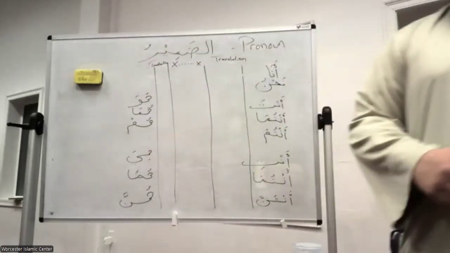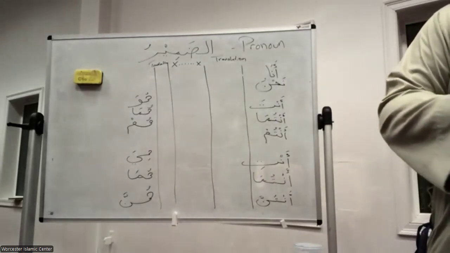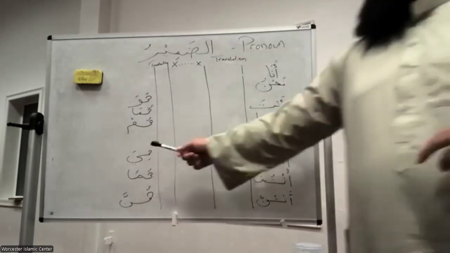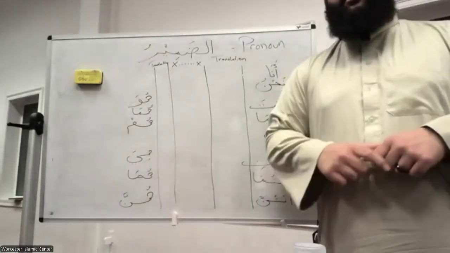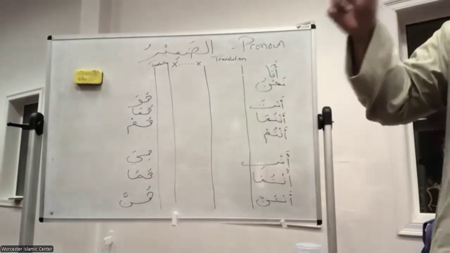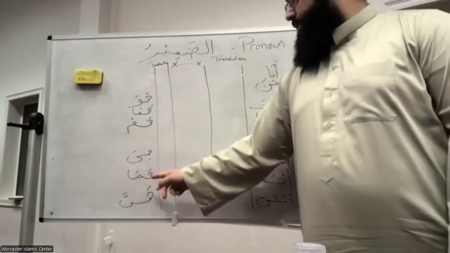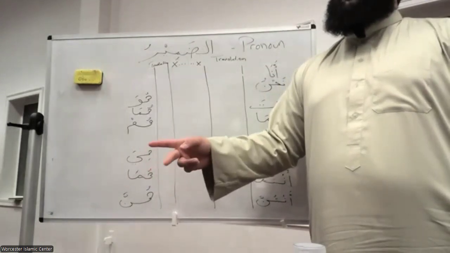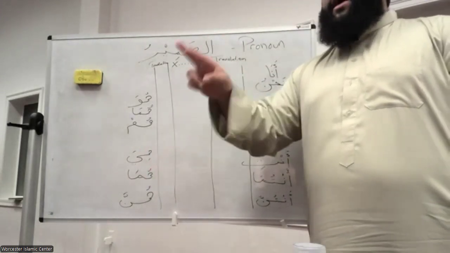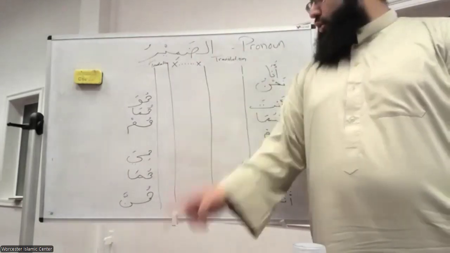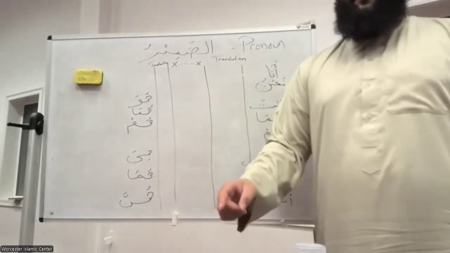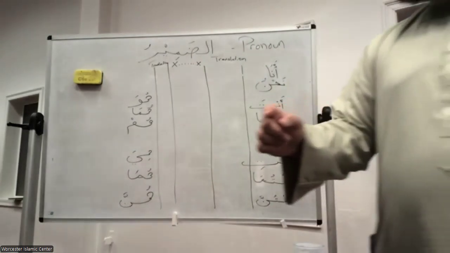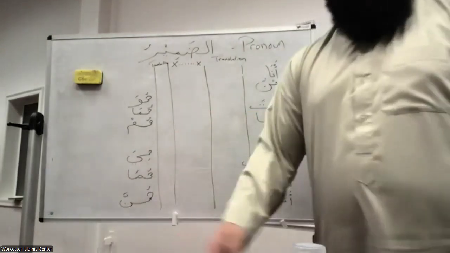Here we've also gone over. What does hiya mean? She or it, singular, feminine. And I'll break it down one more time. Huma is therefore them two, dual. And the last one, hunna, is all of them. Very good.